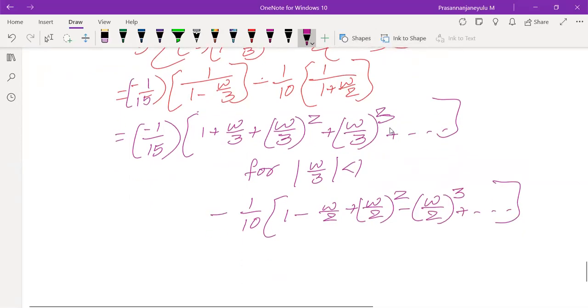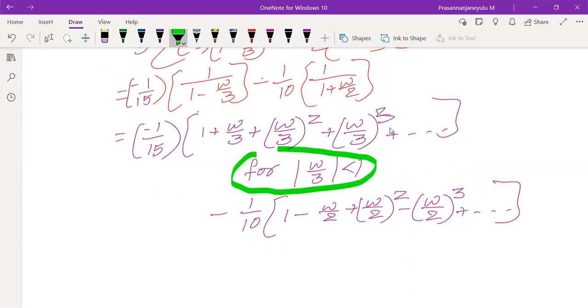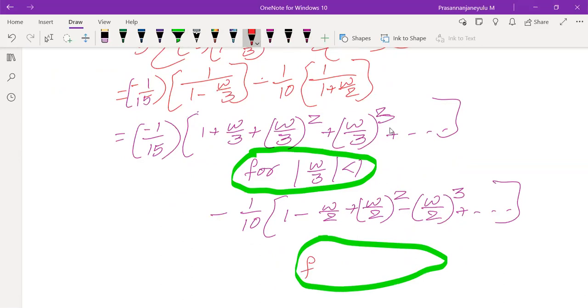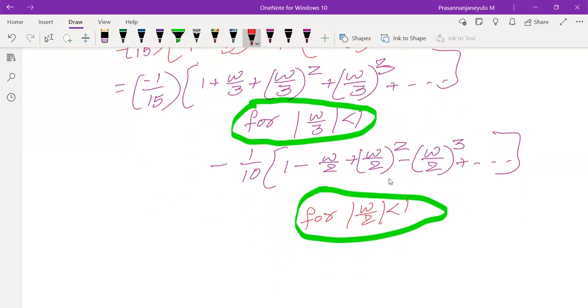Second term expansion exists for modulus of w by 2 less than 1. Don't do any simplification, students. Can I write this one as modulus of w is less than 3? And from this, can I write it as modulus of w is less than 2?